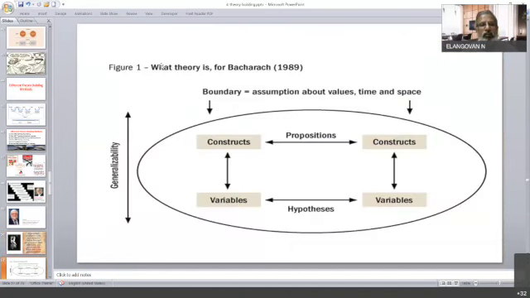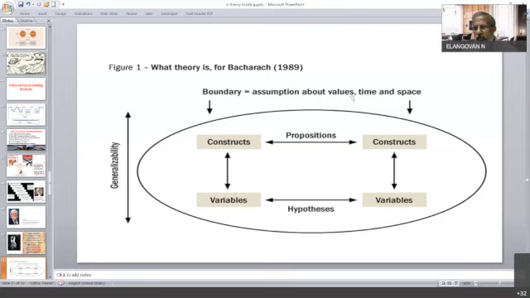So there is one more person who describes the chart. What is a theory? As I told you, variable to variable is the hypothesis. Construct to construct is the proposition. So you are drawing a connection and connecting it, and you are having a boundary.